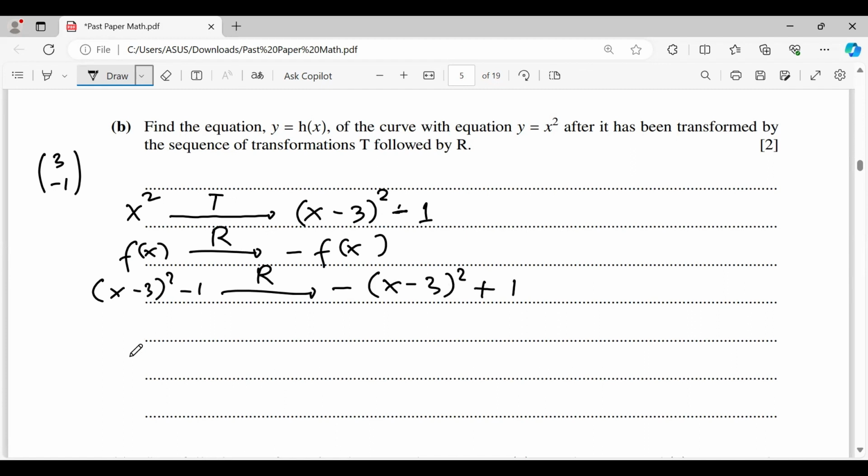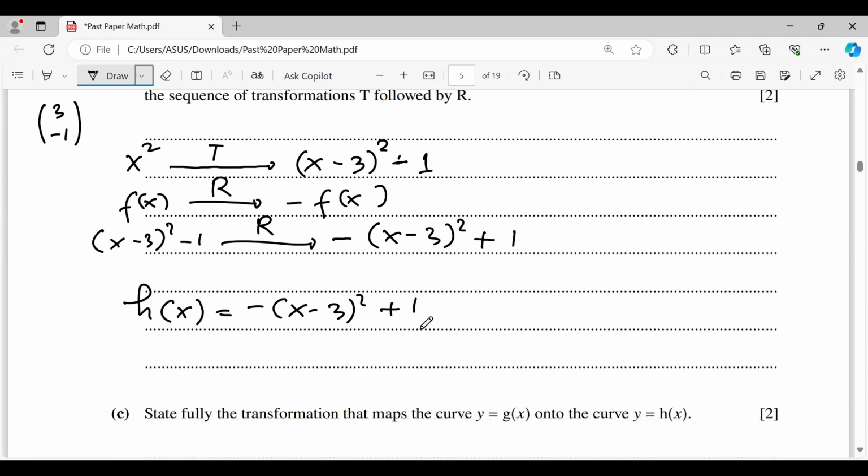So it means h(x) equals minus (x minus 3) squared plus 1.